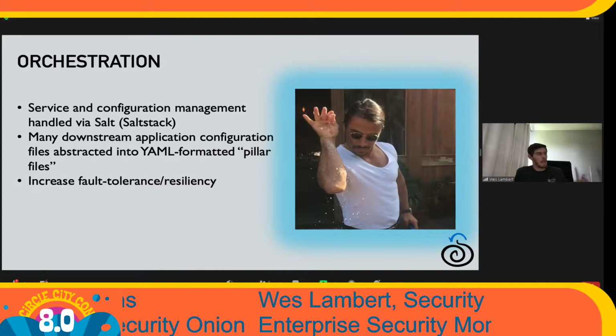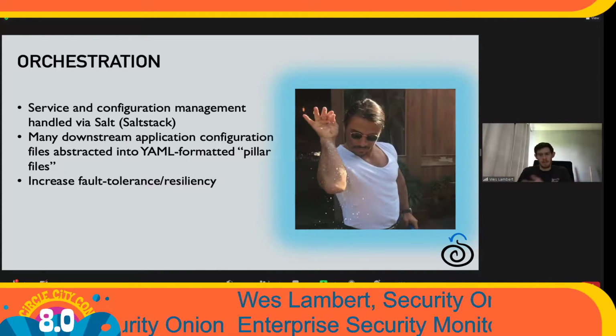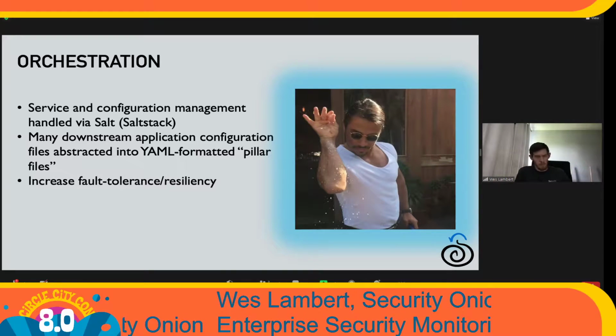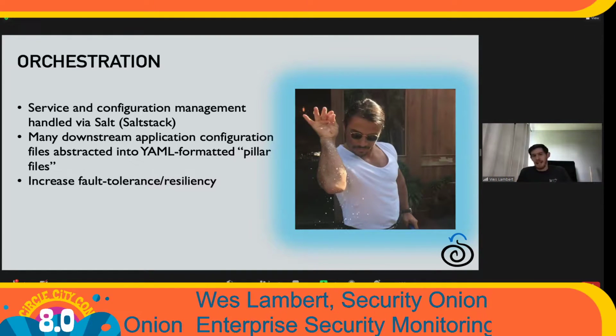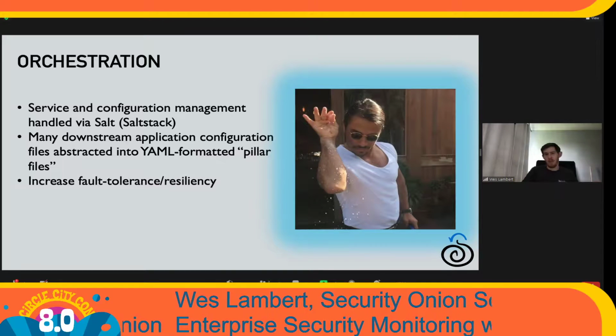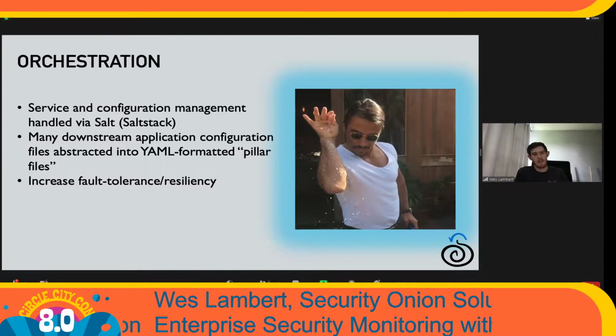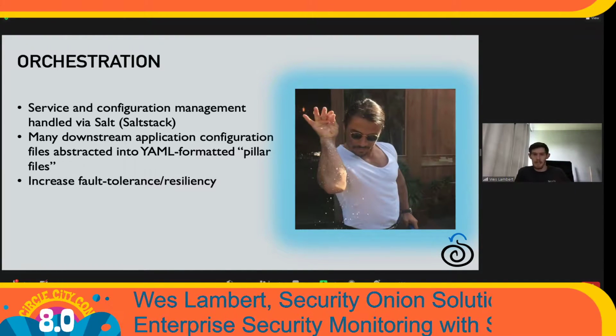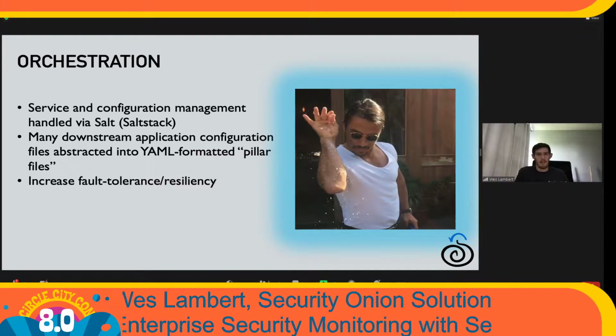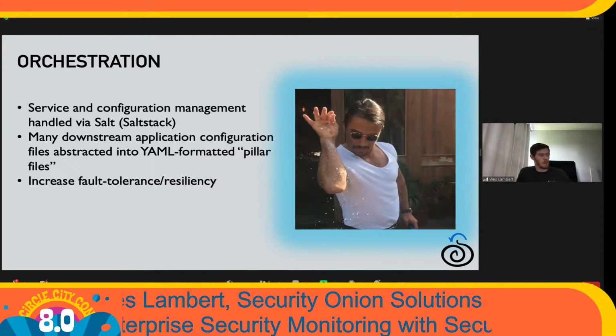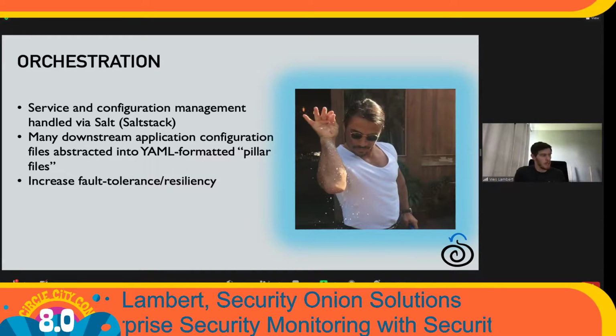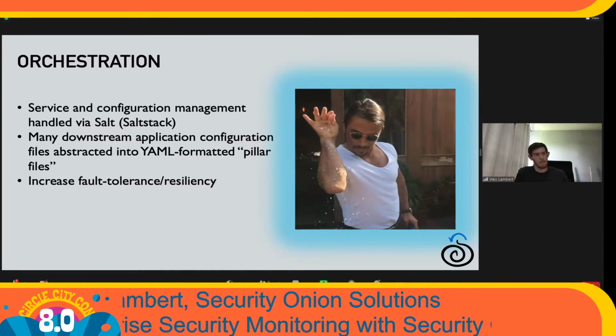Salt allows us to abstract that, to extract the data out of those files and manipulate it at a higher level, where we're not having to go into those specific configuration files. It makes it a lot easier from the future perspective to put a web interface in front of a lot of those management tasks. So you'll see that as we go forward with Security Onion and continue on with this development.